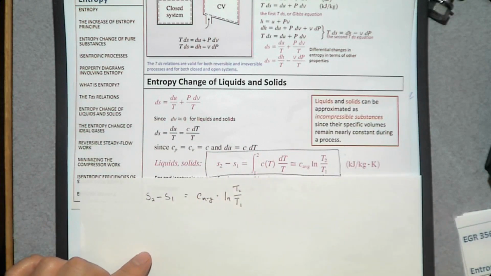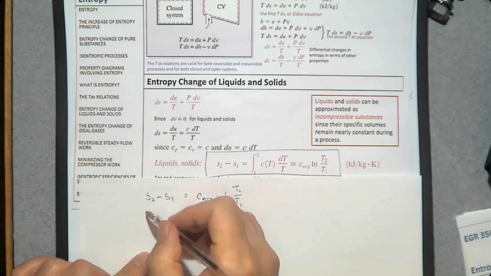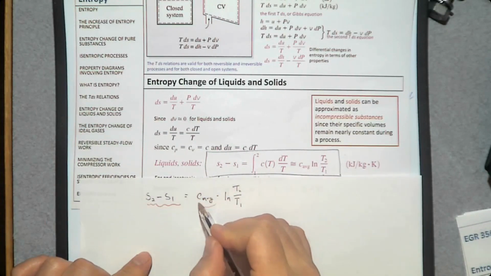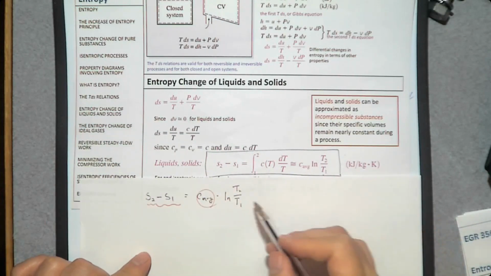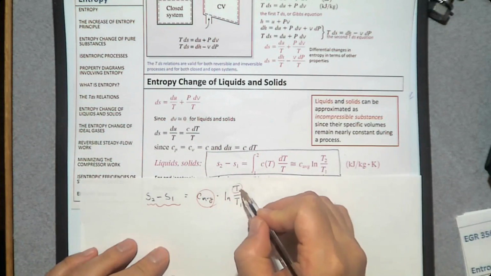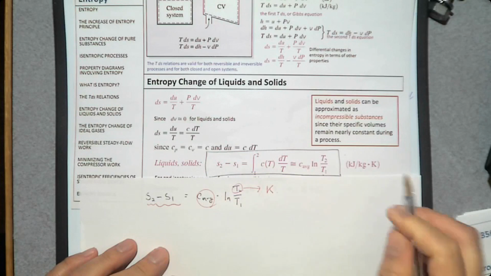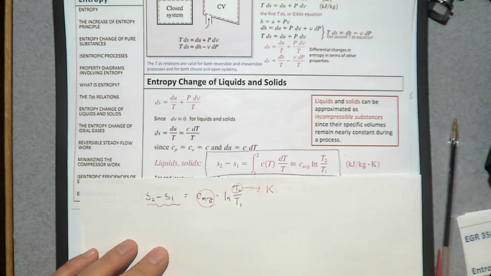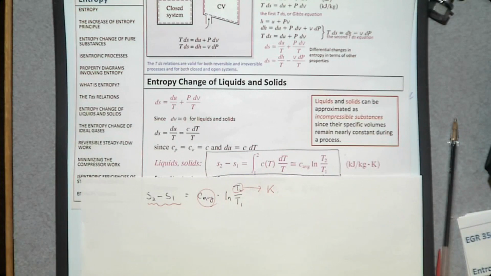That's how we evaluate the entropy change. In this case, we assume that the specific heat is constant, and this temperature T should be in Kelvin. Okay? So that's how we determine S2 minus S1.